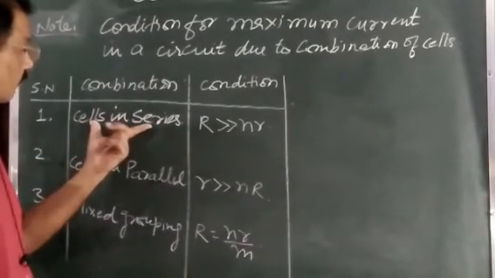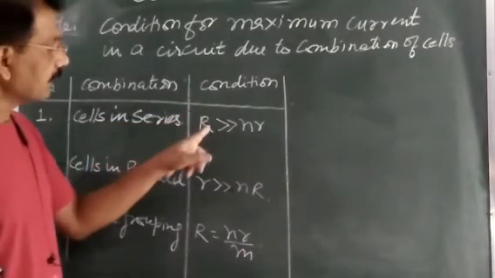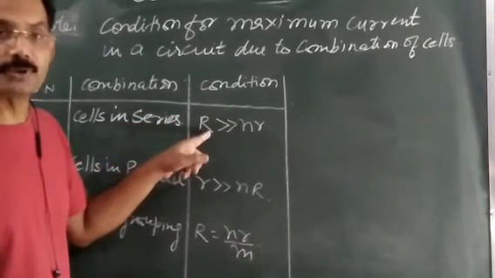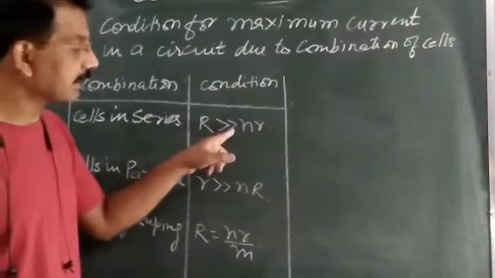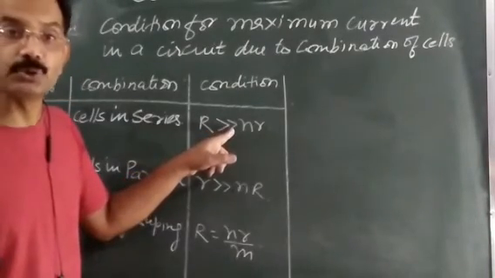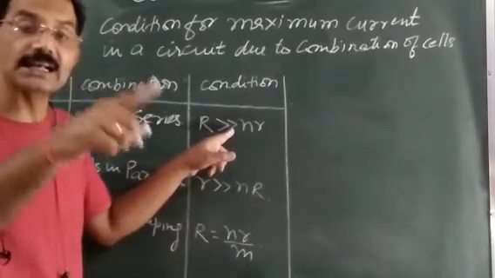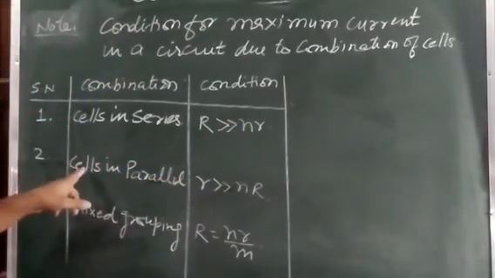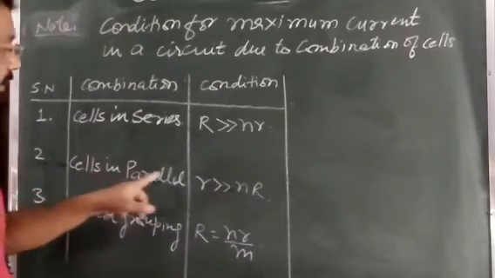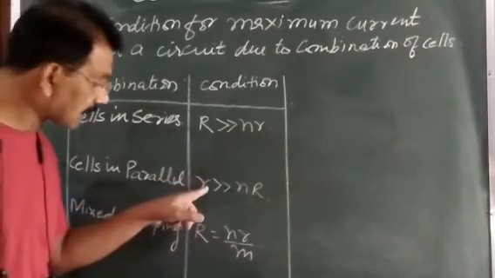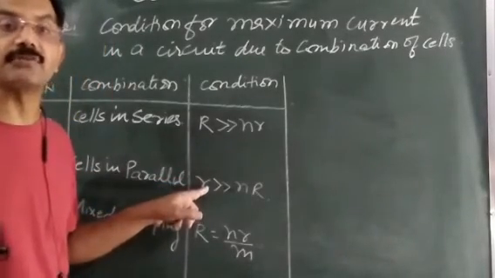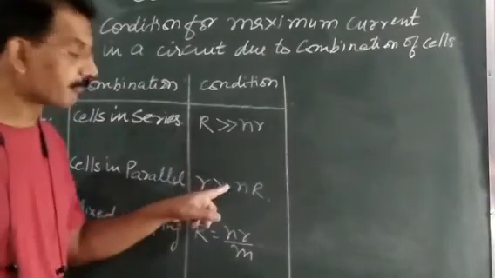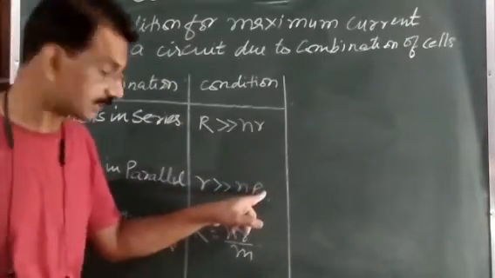For series combination, we prefer it when the external resistance of the circuit is very large in comparison to the total internal resistance of the cells. Second, we prefer the parallel combination when the internal resistance of the cells is very large in comparison to the external resistance.